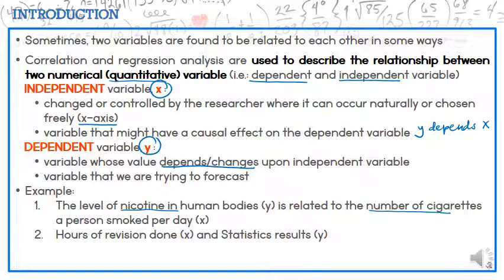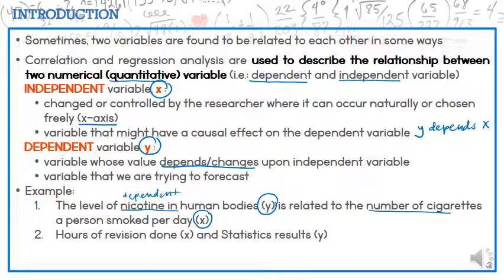Nicotine depends on that, so nicotine is your dependent variable Y. And the number of cigarettes smoked per day will be your independent variable X. Again, level of nicotine depends on the number of cigarettes smoked. So, level nikotin dalam badan logically bergantung kepada berapa banyak bilangan cigarette yang you smoke per day.